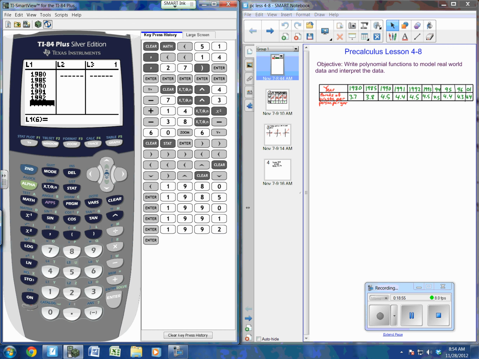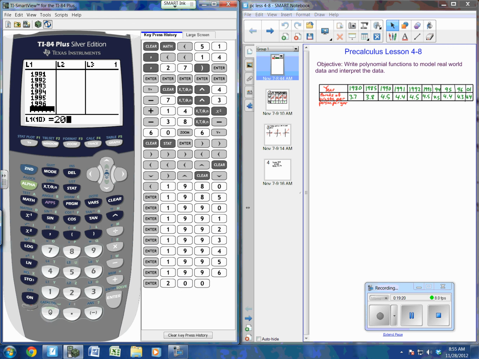The next one is 1993. 1994. 1995. 1996. And then it jumps clear up to 2000. 2001. Enter. You might want to double check your dates and make sure you got them in right.